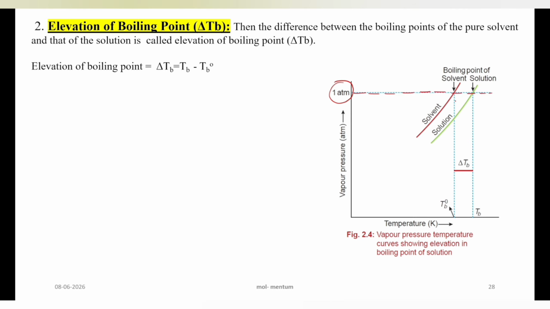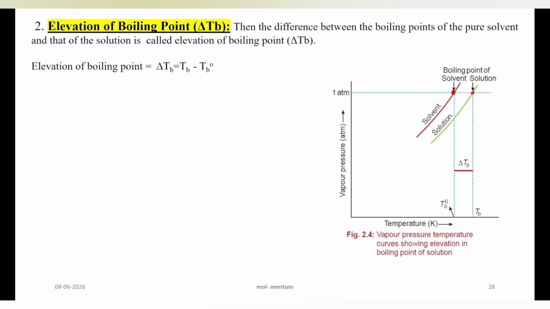Now this red line represents the pure solvent. You can see this is the point at which the pure solvent has its boiling point. We have assumed it to be Tb naught, representing pure. When you add a little amount of solute into it, this green line represents the variation of vapor pressure of the solution.